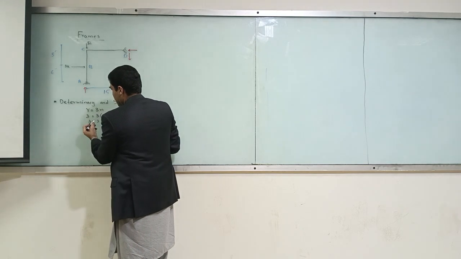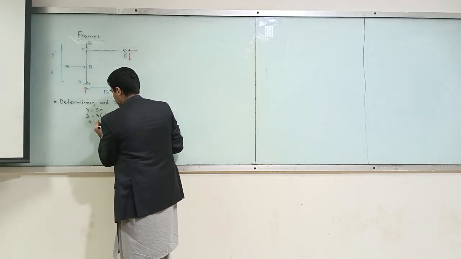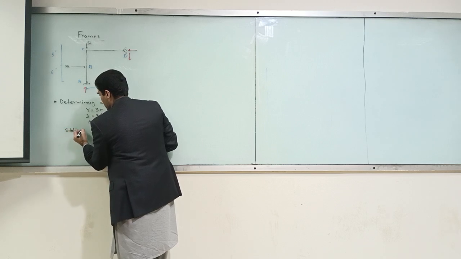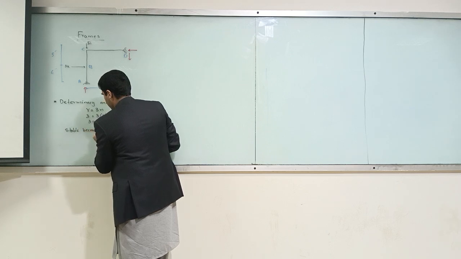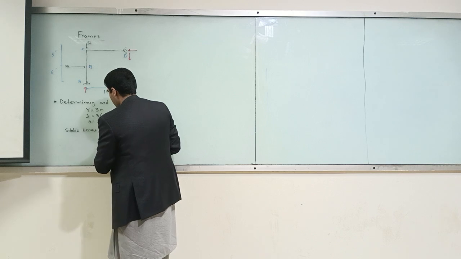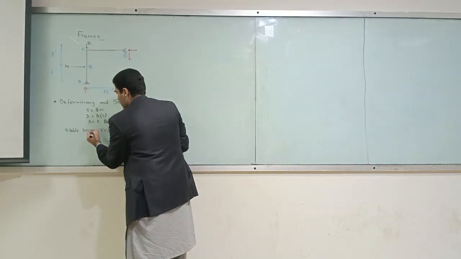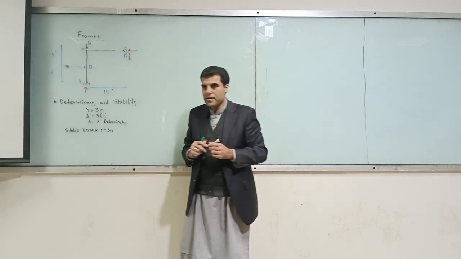So this is determinate, and it is also stable because R is equal to 3n.